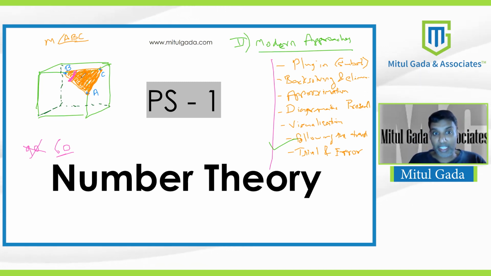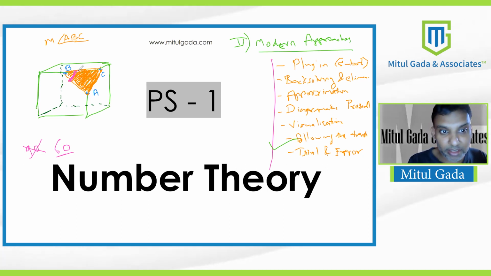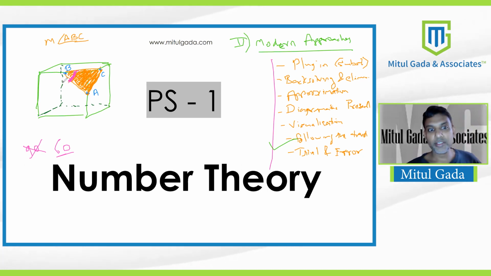In fact, initially in the original cube, you could not even see angle B. To see angle B, you have to slice off this corner, get to triangle ABC, and then you can see this angle B, which has to be measured. Now you realize, oh yeah, it makes sense.